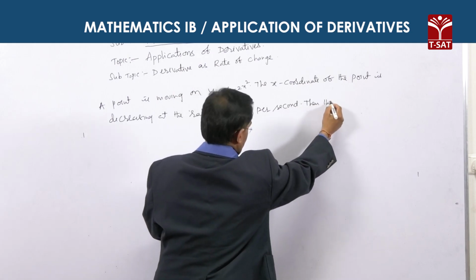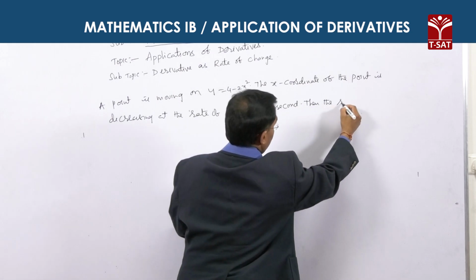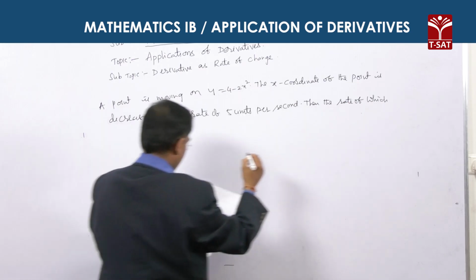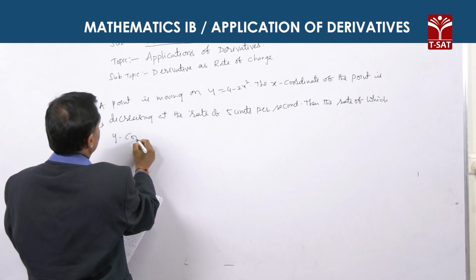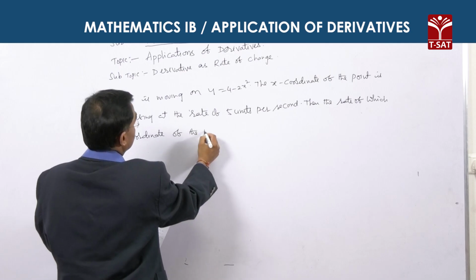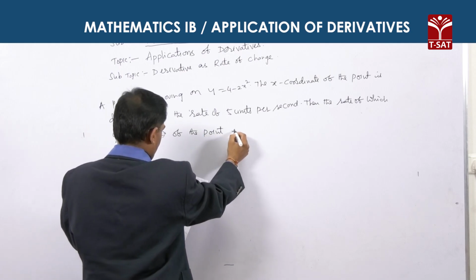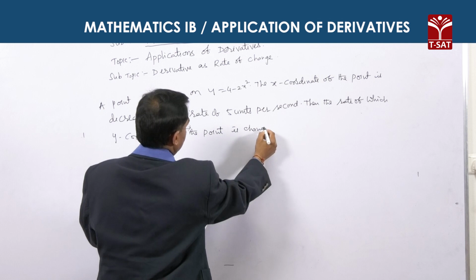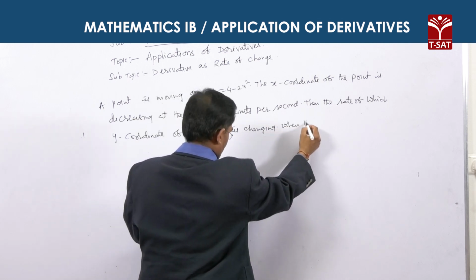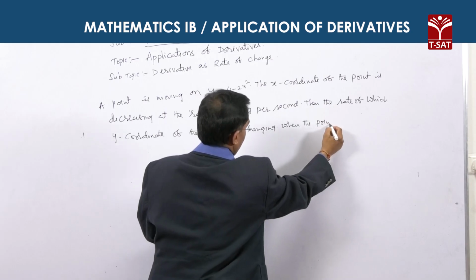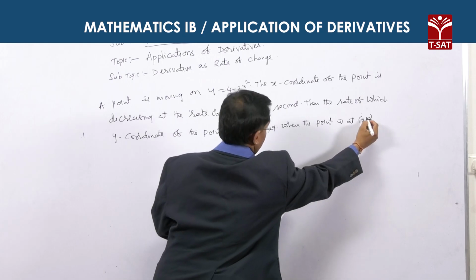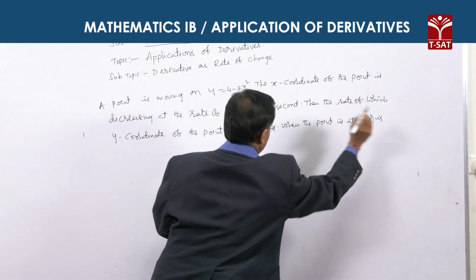Then the rate at which the y coordinate of the point is changing when the point is at (2, 2) is dash.